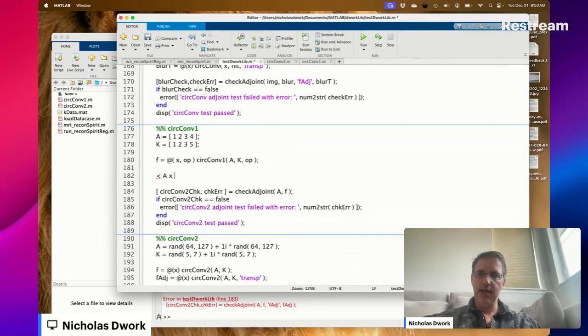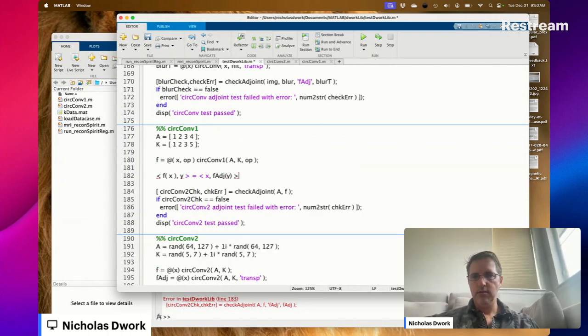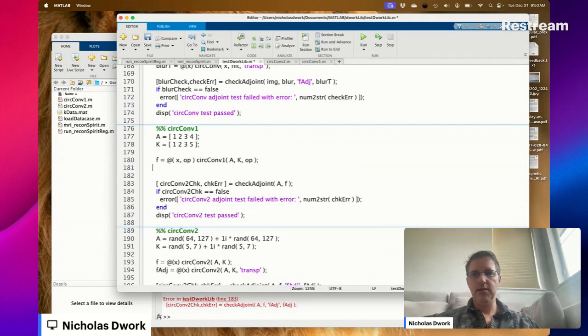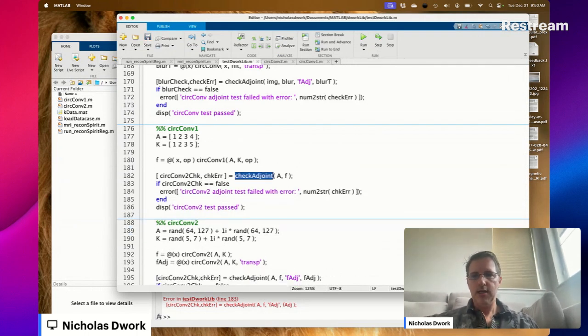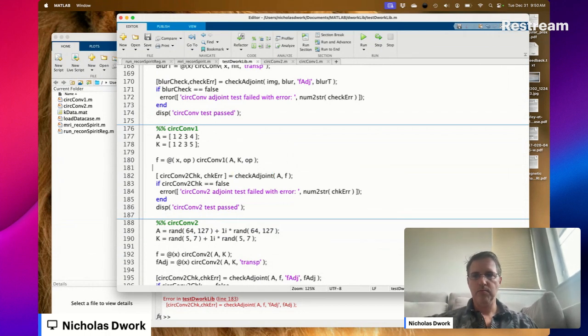Check adjoint verifies this property: the inner product of F of X and Y is equal to the inner product of X and the adjoint of F applied to Y, for all X and Y. So that's what check adjoint does. It just chooses a whole bunch of vectors and checks if that property holds.